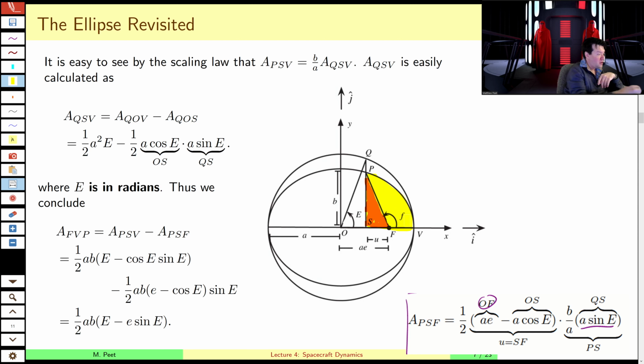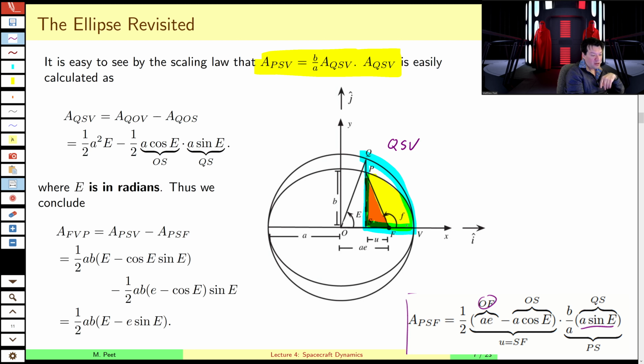We're going to find that by using, again, the ellipse scaling rule. Specifically, we're going to calculate this area right here, QSV.